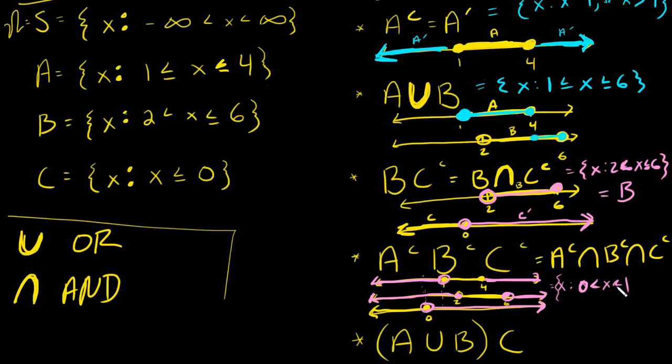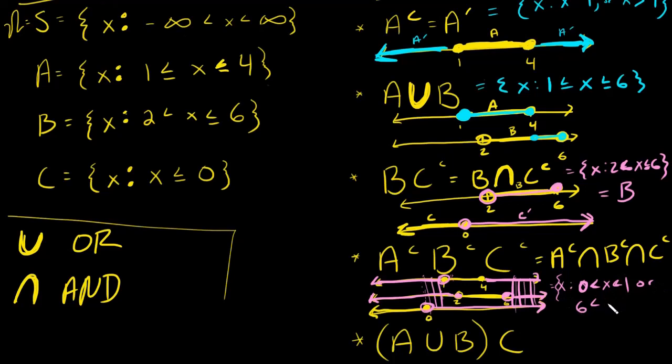So between 0 and 1. Or, let's see if I continue looking. Here I do not belong to A complement, and I do not belong to B complement, until I get over here, where I start belonging to all 3 again. So I belong to all 3 here. This is 6 onward.